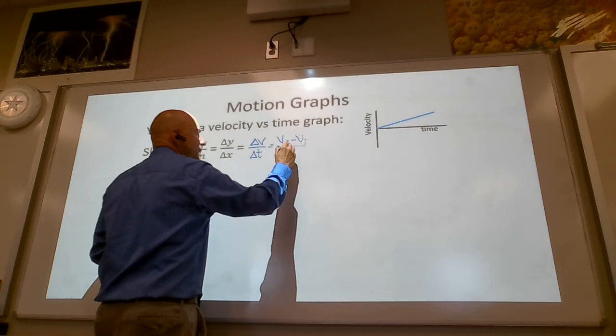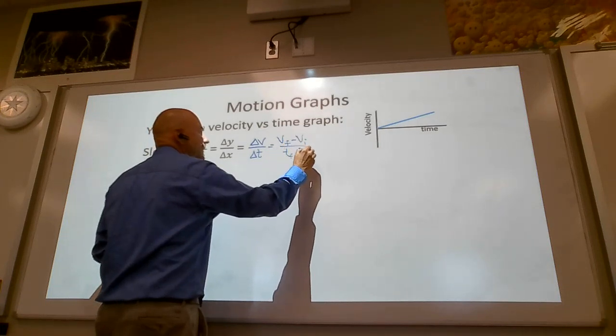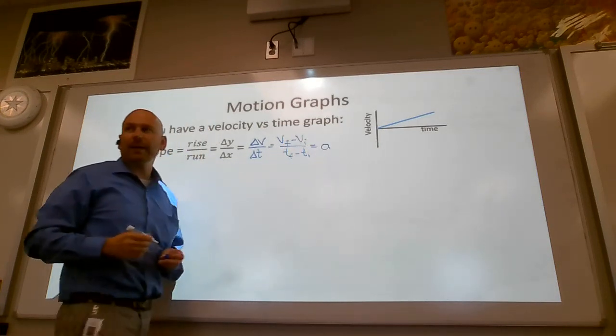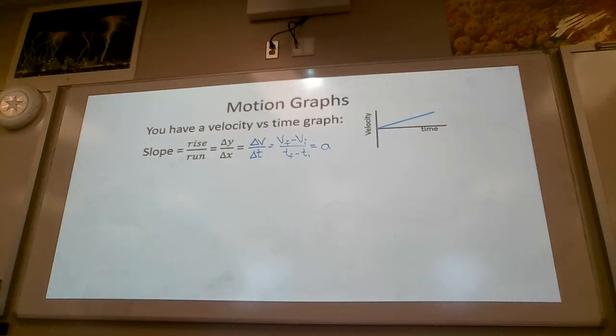What is this? This is acceleration. Okay? The slope of a velocity versus time graph tells us the value of acceleration.